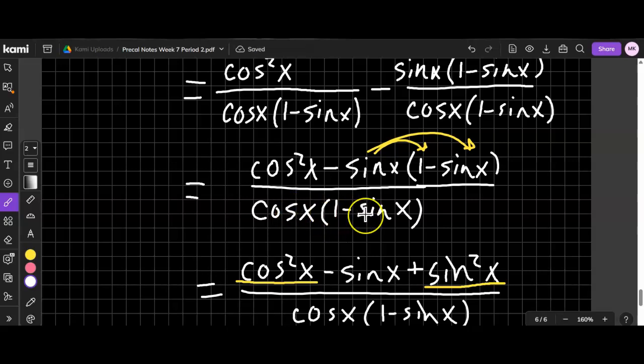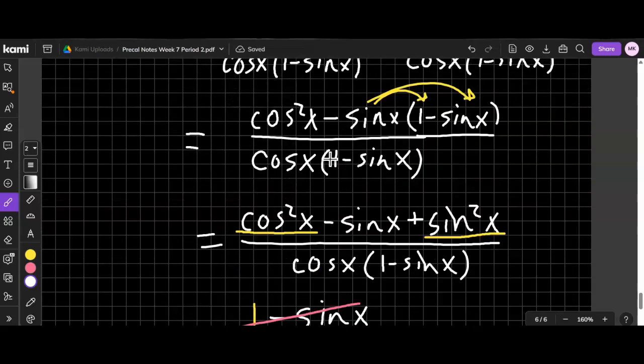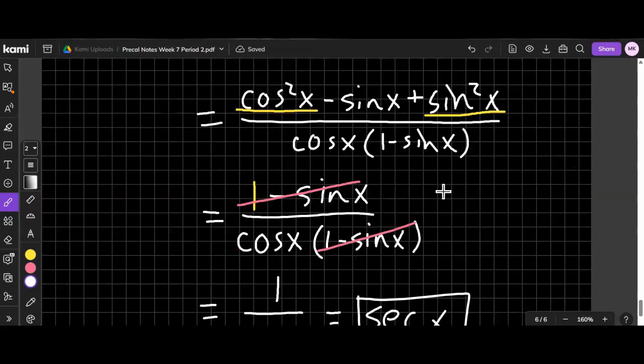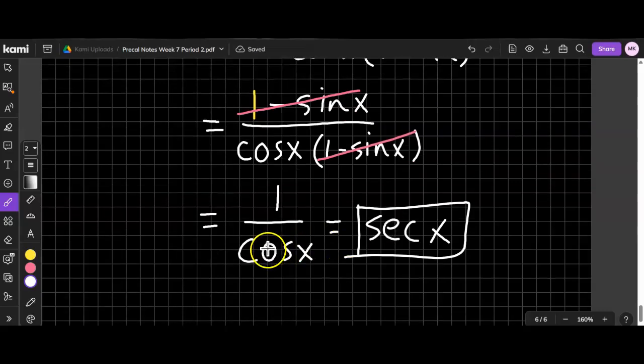It's easier to work with them as multipliers than multiplying them together and emphasizing the fact that they're being subtracted. So that's where that distribution on top was our priority, to get that Pythagorean identity. And when we got that Pythagorean identity, that's when we noticed a new pattern that our 1 minus sine of x's would cancel out, and we'd have a really convenient function ending with secant of x.